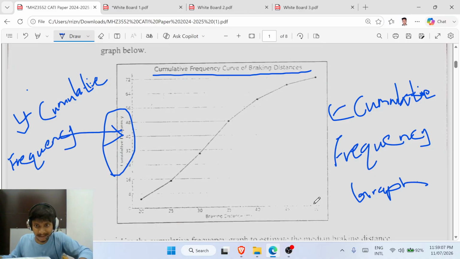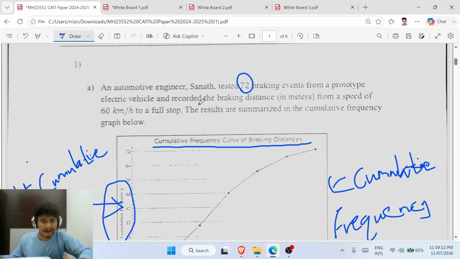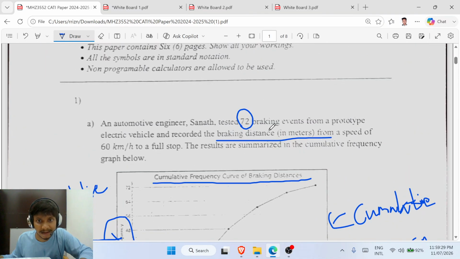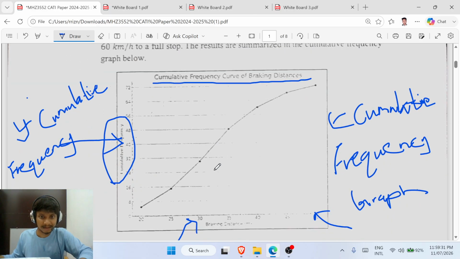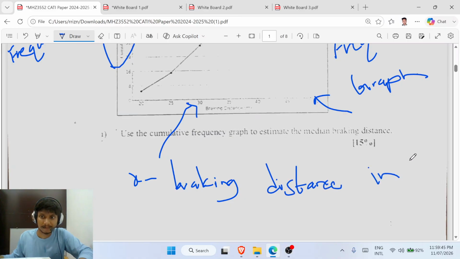What is the x-axis? The x-axis, or horizontal axis, is the recorded braking distance in meters.